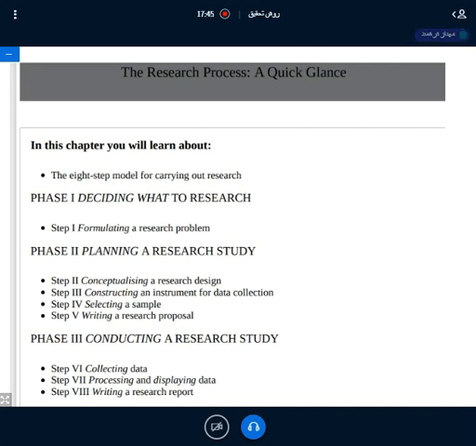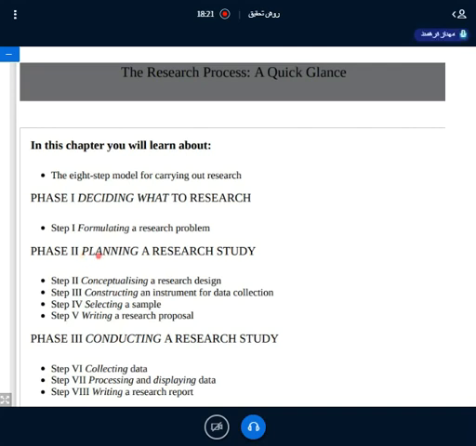Step 1, formulating a research problem. Phase 2, planning a research study. So please note that in this chapter you are going just to read about deciding what to research.